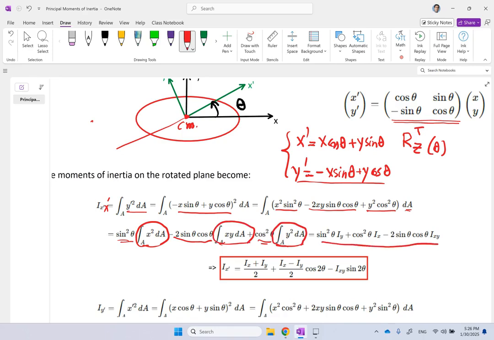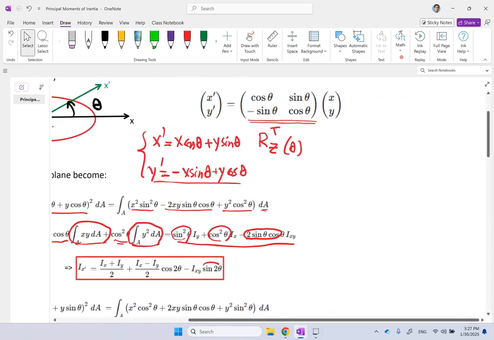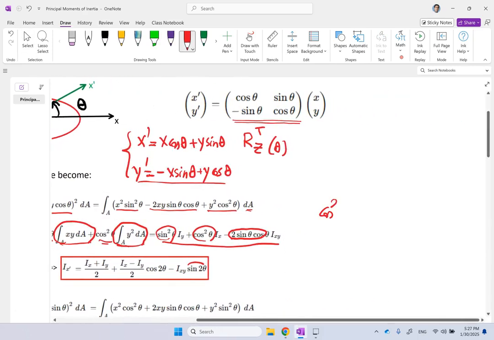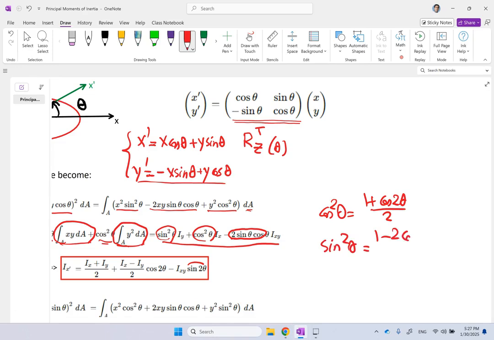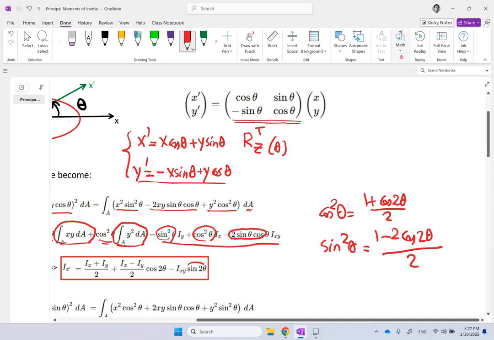If you use half-angle formulas, then 2 sine cosine is sine of 2 theta, so you get this. And for sine squared and cosine squared, from trigonometry, cosine squared of theta is (1 plus cosine of 2 theta) over 2, and sine squared of theta is (1 minus cosine of 2 theta) over 2.